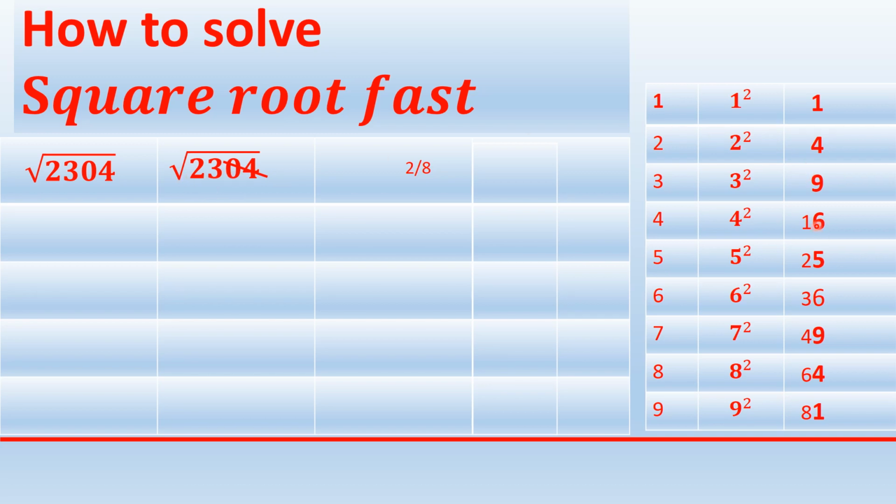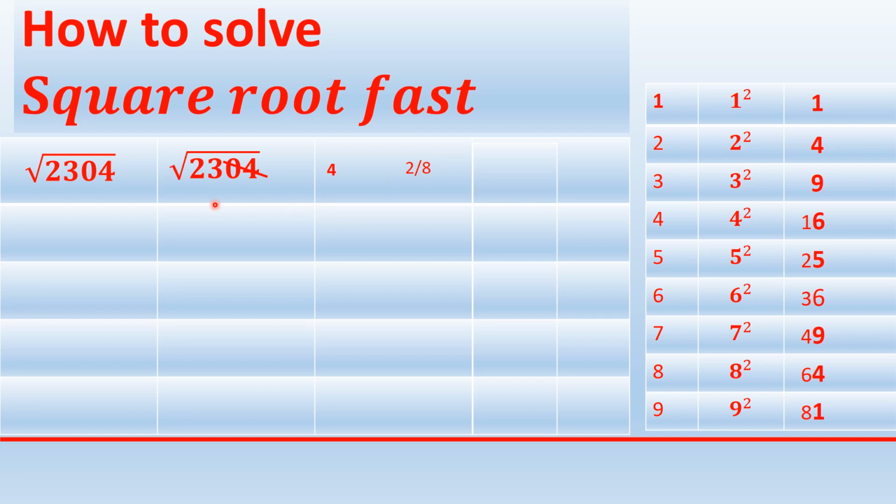Now 23 is between 16 and 25. So just less than 23 is 16, which is 4 squared. So we pick 4 here, and then we try to pick whichever fits our equation.